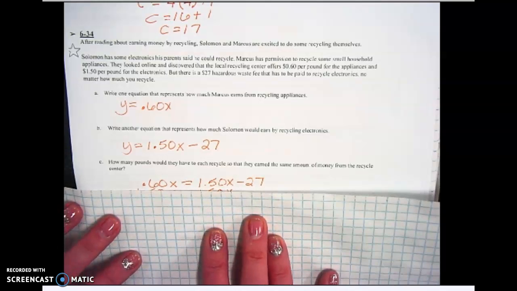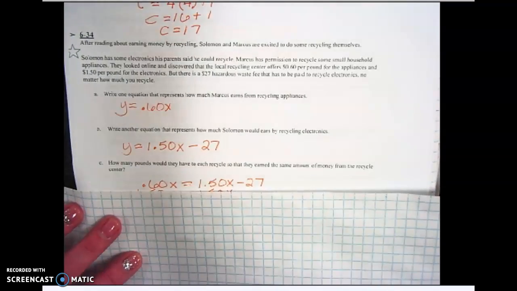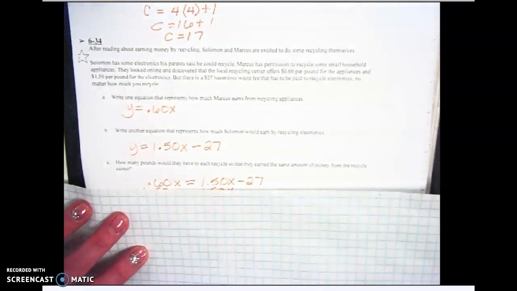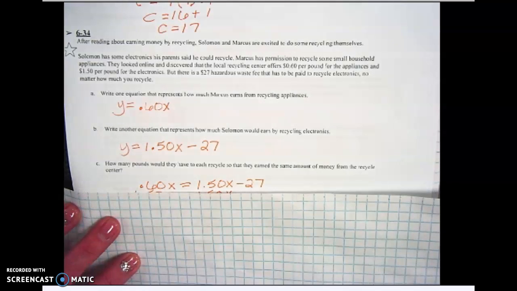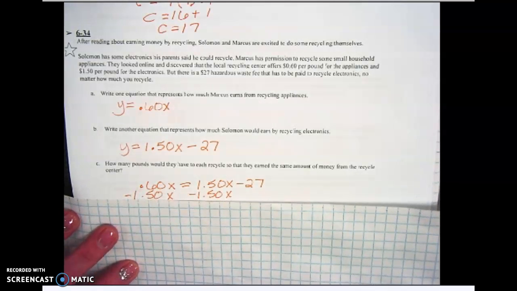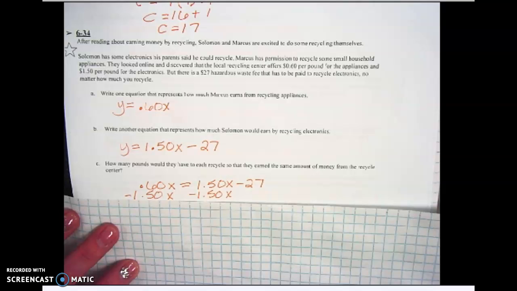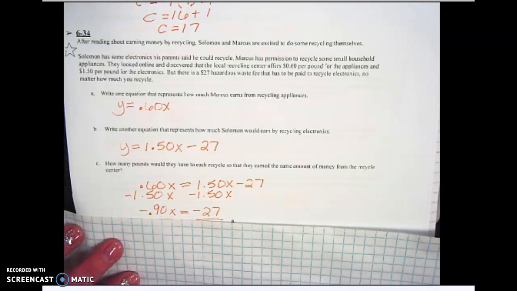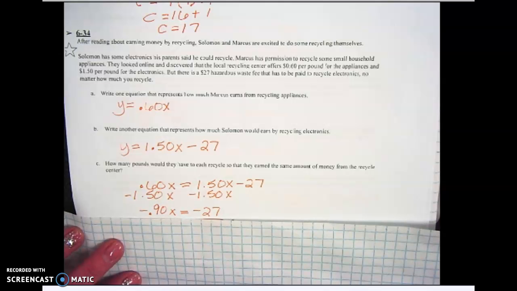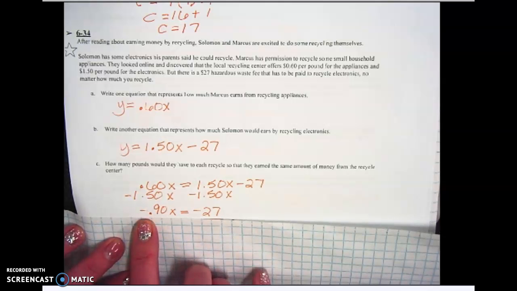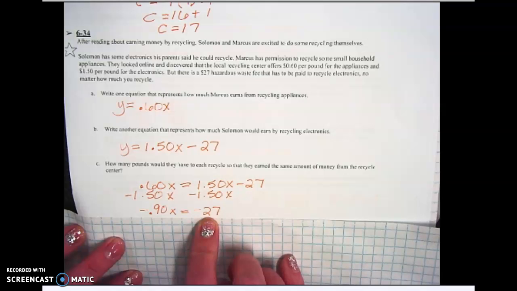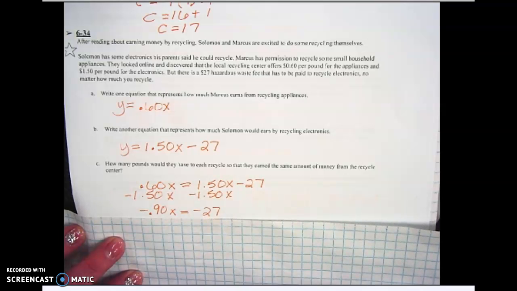Then we're going to solve by doing inverse operations like we did the other day. So the first thing you notice is there's X's on both sides. So you're going to subtract $1.50X from both sides. That gets a negative variable on the left, but this is negative over here. What do you get when you divide a negative by a negative?